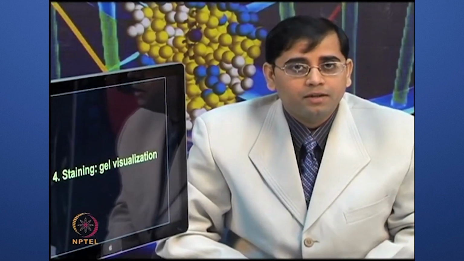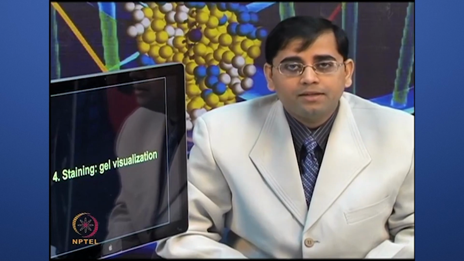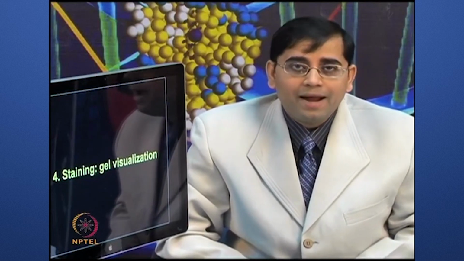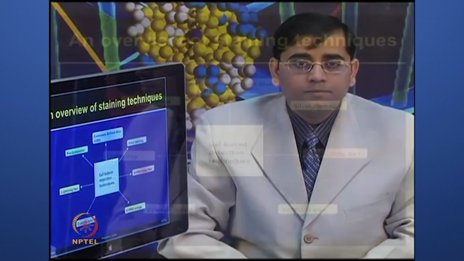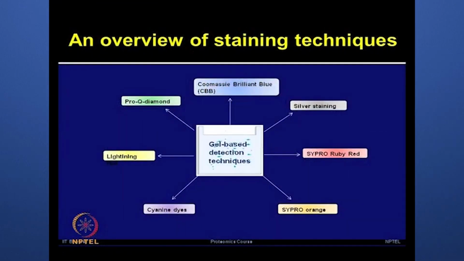Different types of staining methods have been developed, and those can be applied to visualize your protein bands or your protein spots, depending upon what type of gel you are using. After giving you an overview of staining techniques, let me describe a few staining methods in more detail.